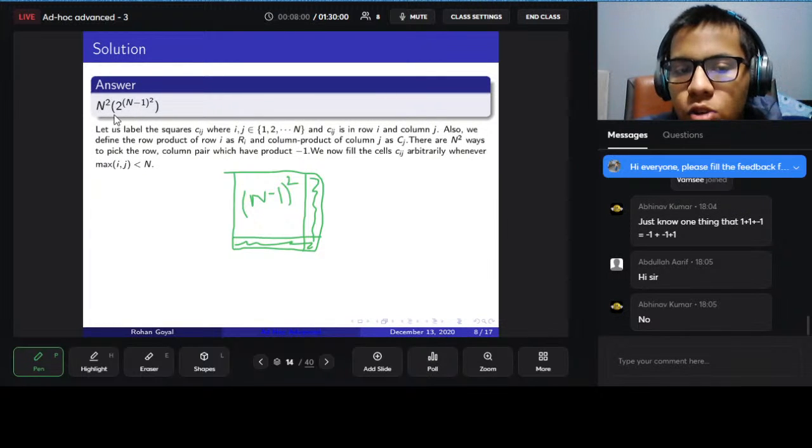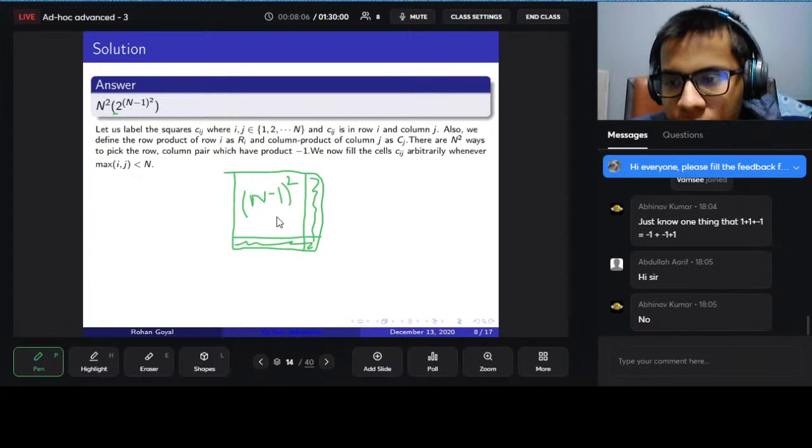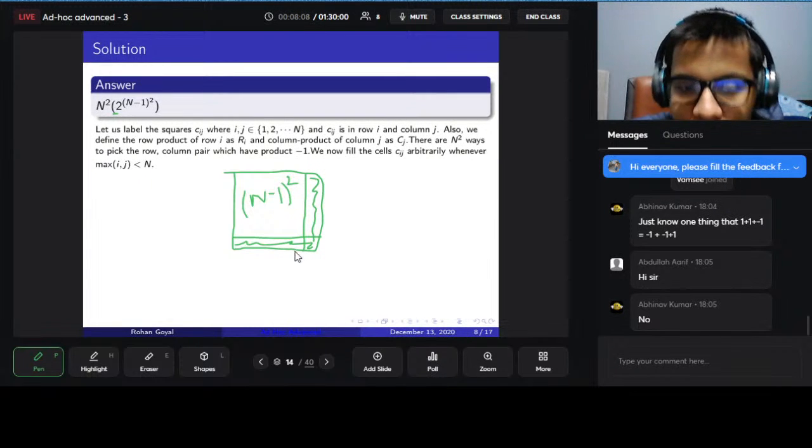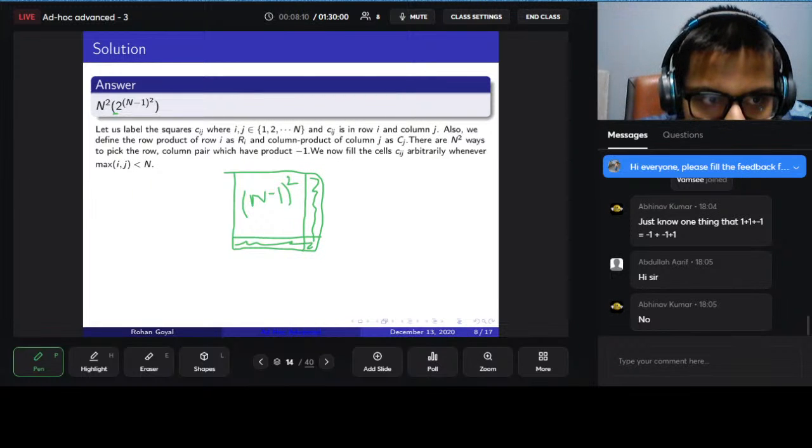So each of them has two options. So we have 2 to the (n minus 1) whole square. Now, when we have filled this, let's start filling this area first.